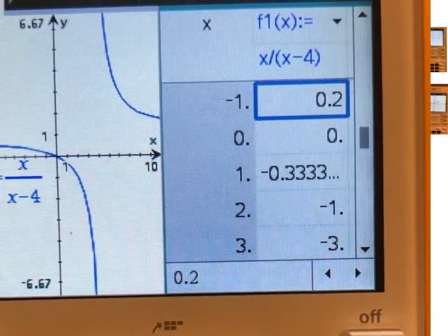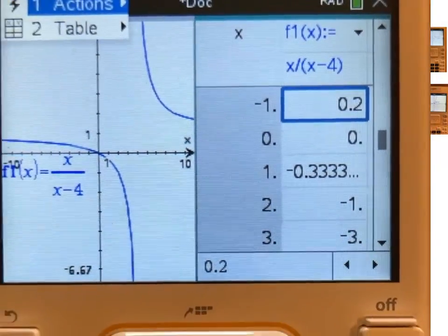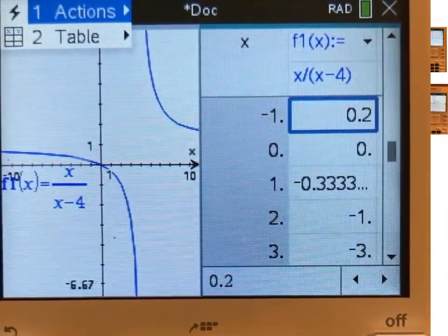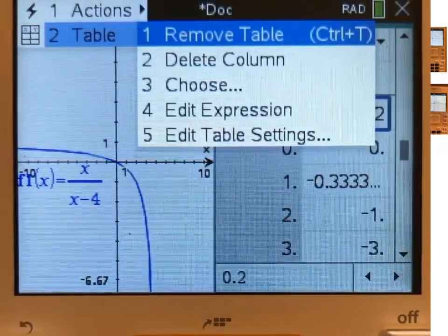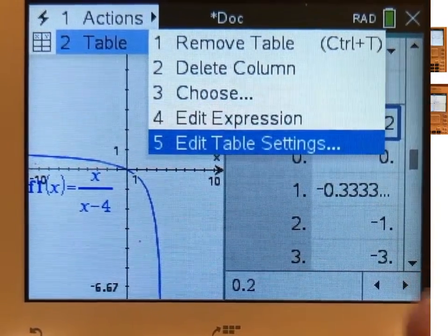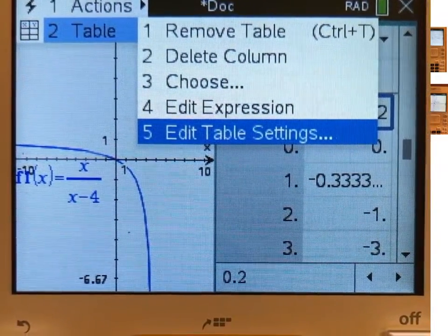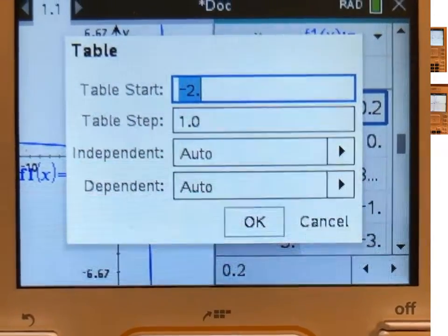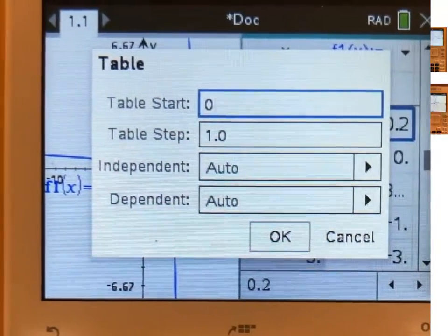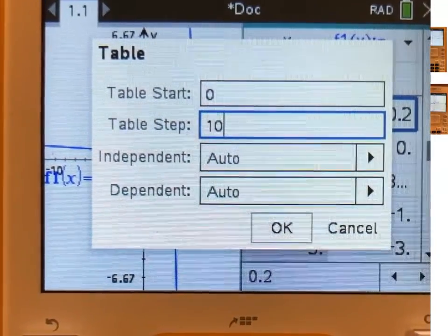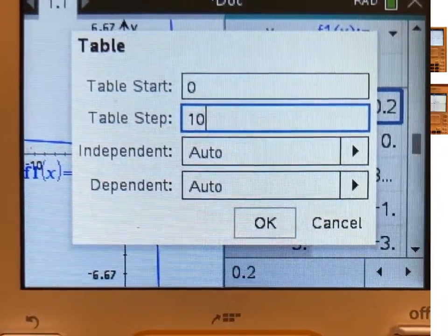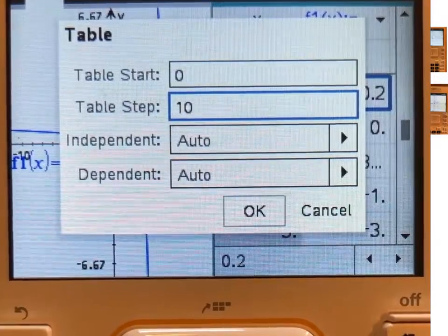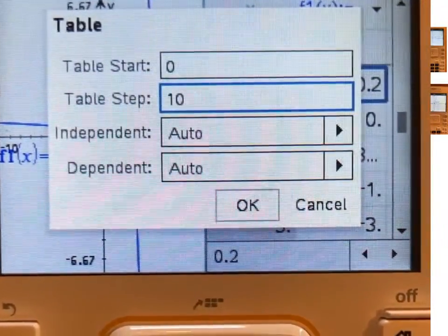So you're going to hit Menu, number 2 for Table, and then number 5 to edit table settings. We want to start at 0, and then let's just go by tens. So you're starting at 0, and then you're going to increase by tens.